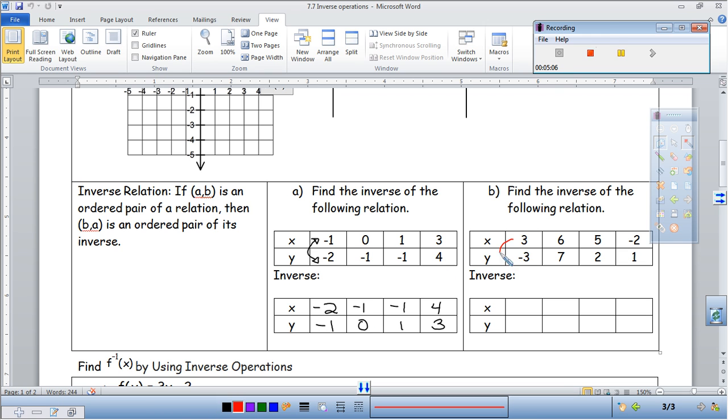So here again, you're just going to switch them. This is going to be negative 3, 3. This is going to be 7, 6. This is going to be 2, 5. This is going to be 1, negative 2. Any questions over that?